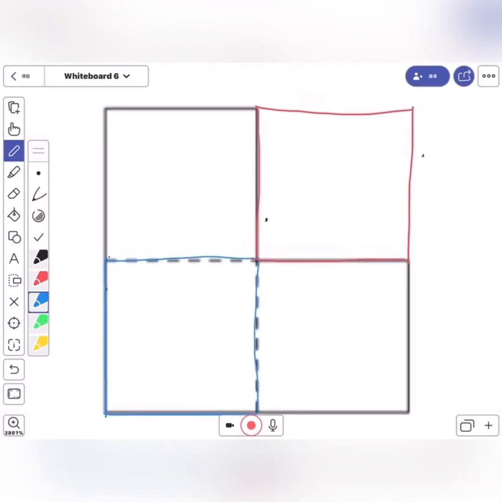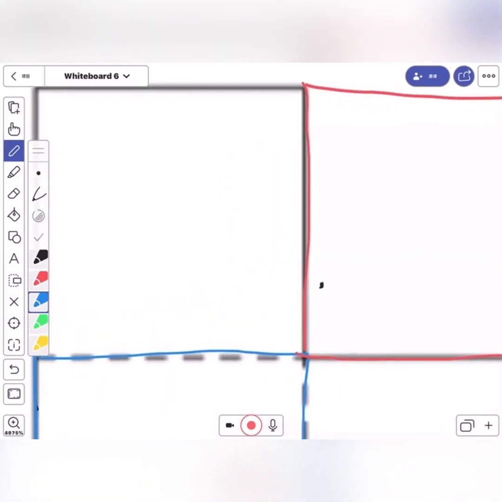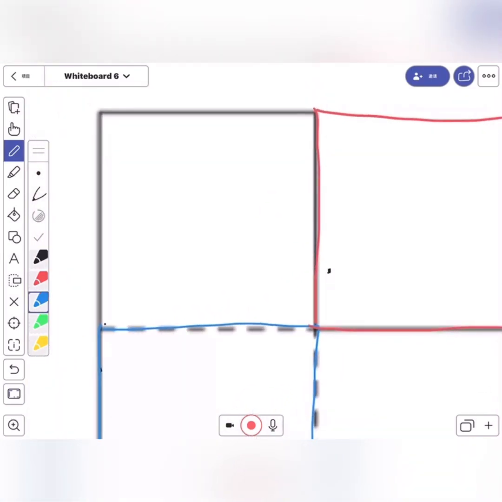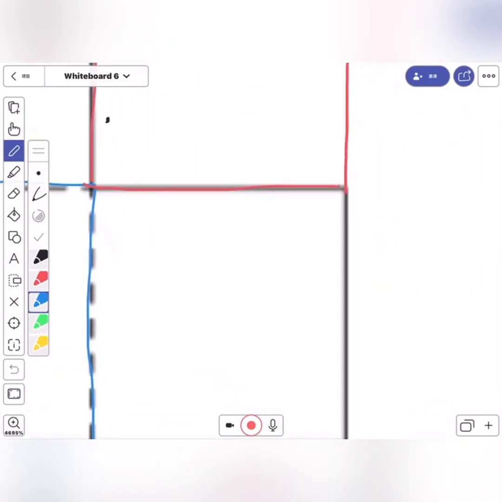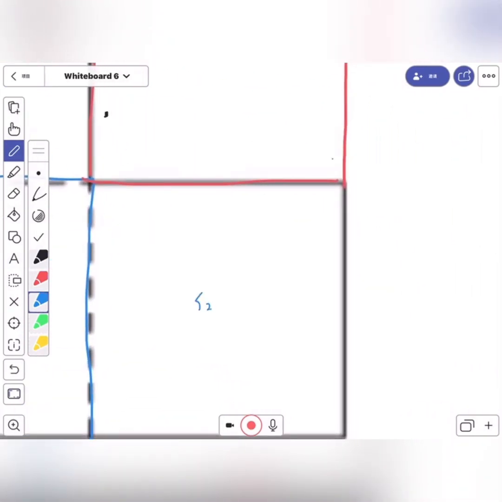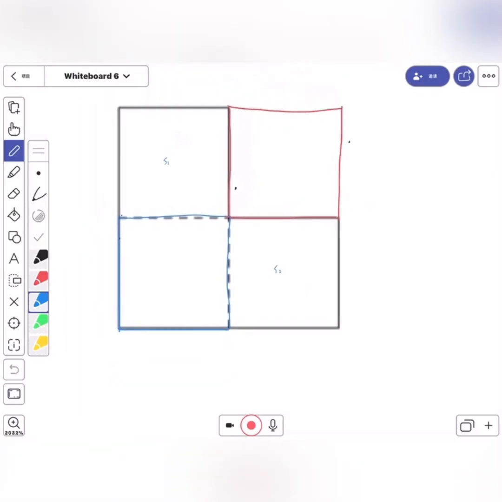Okay, so what does that mean? What if we have 2 points in this region? Let's just mark this region to be S1 and this region to be S2. Then essentially, if we have 2 points within the S1 region, then their midpoint must be in S1, and same for S2 because they're basically symmetrical.